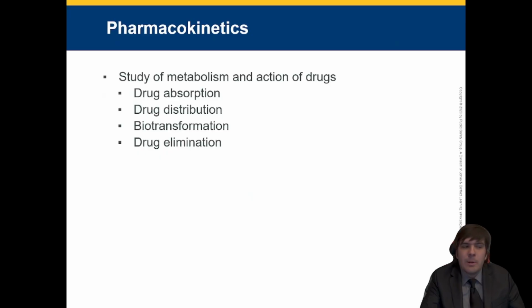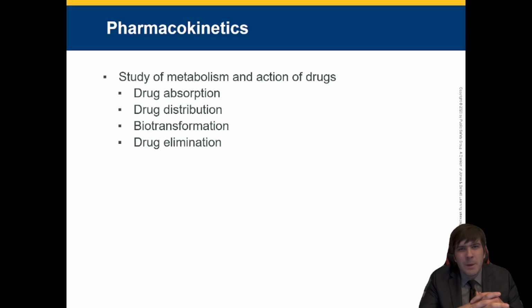And now we'll talk about the glorious pharmacokinetics, the study of metabolism and actions of drugs. So all drugs go through 4 phases: drug absorption, which is the drug entering the body, drug distribution, and then biotransformation, which is the chemical alteration that a substance undergoes in the body.